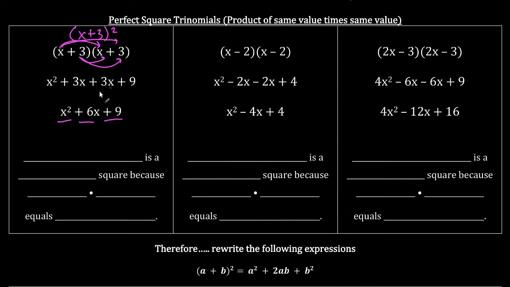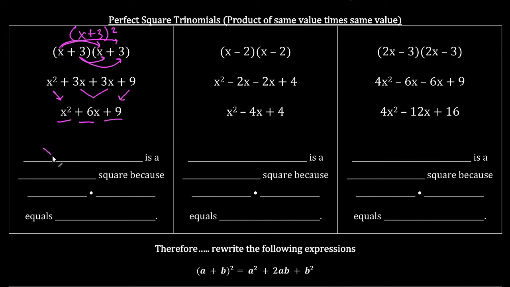Remember that in this case, the x squared comes down because there are no more x squareds. We combine the 3x's because they both are x terms. 3x plus 3x is 6x. And then there are no more constants, so we just bring down the 9, right?